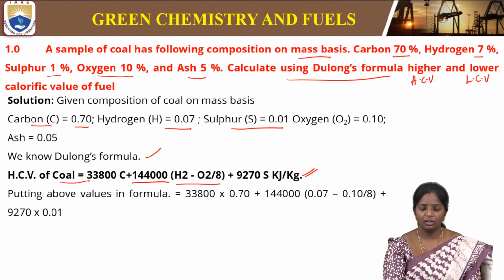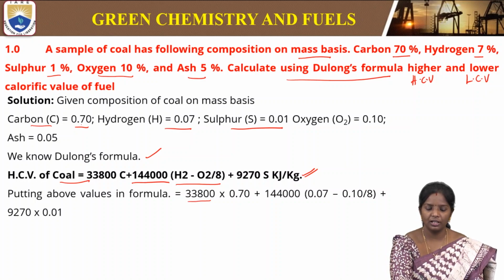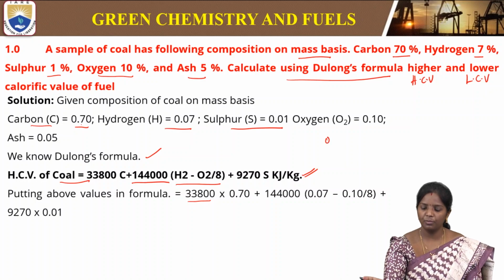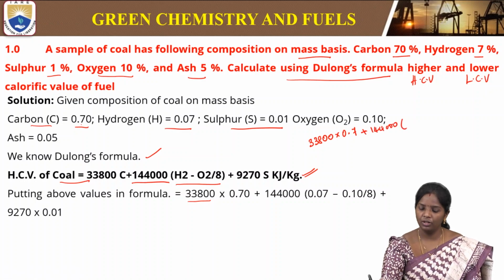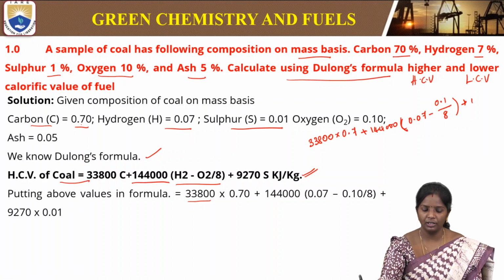Putting in the values: 33,800 into 0.7, that is the carbon, plus 144,000 into the hydrogen value 0.07 minus oxygen 0.1 by 8, plus the sulfur value 0.01 into 9270.